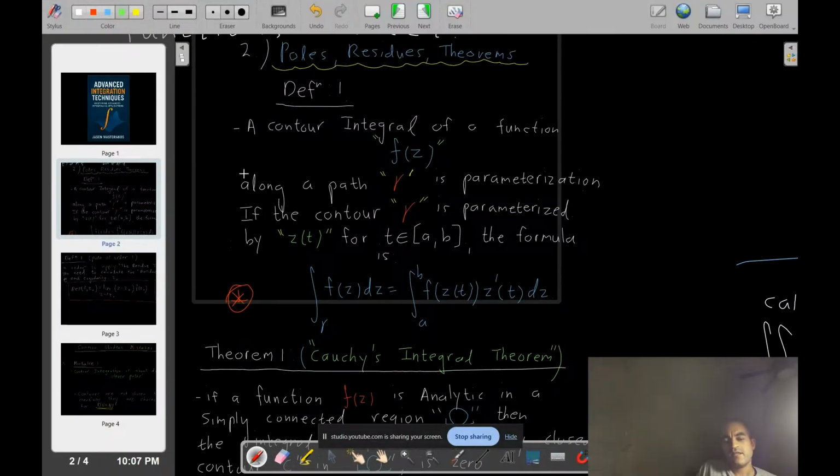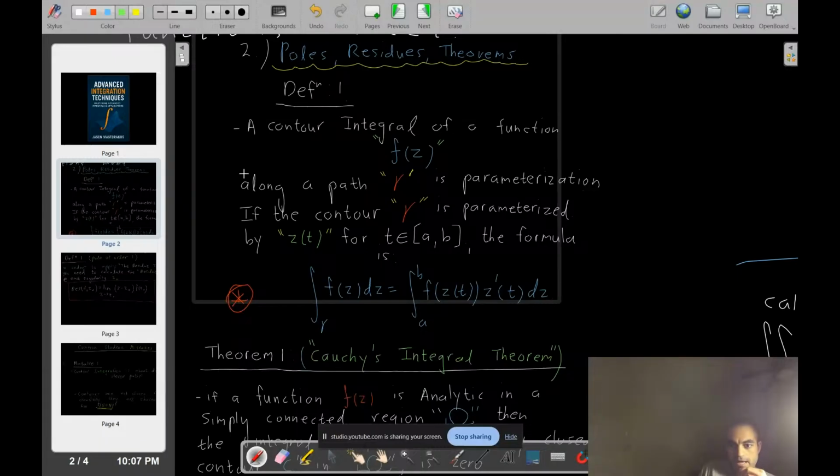Sorry about that, guys. Definition one: the contour integral of a function f of z along a path I'm going to call gamma. Gamma is some sort of contour for our parameterization. So we have a path called gamma, and that gamma is our contour.